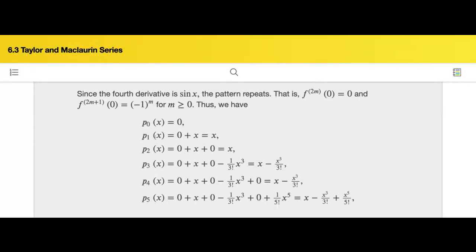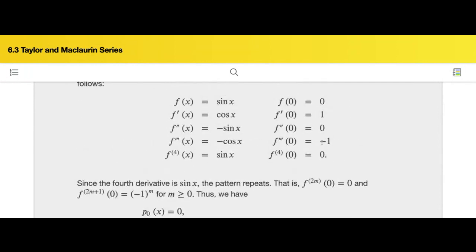And the first order is 0 plus x, right? Just x. The second order, because the second derivative is 0, is still x. So we see P1 and P2 are the same. So the first order Maclaurin polynomial and the second order are the same, because of all the zeros, right? The zeros kill a lot of terms.